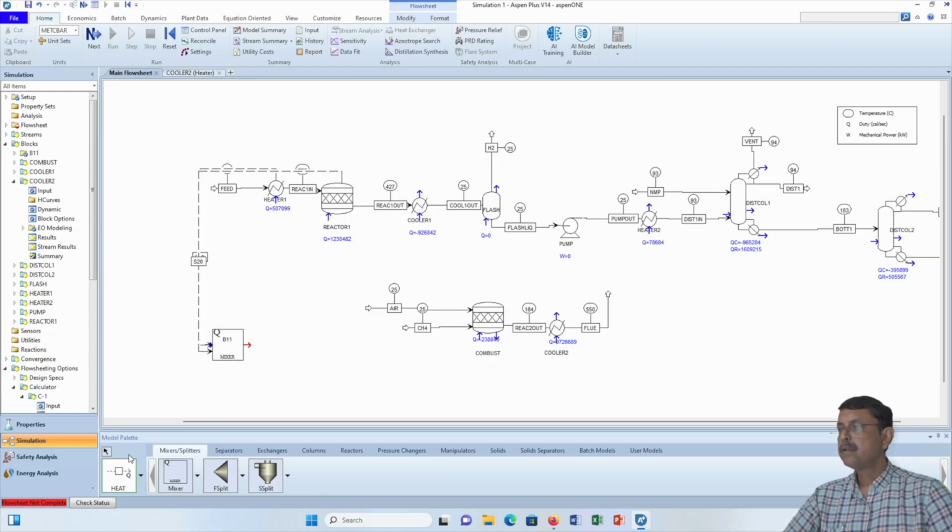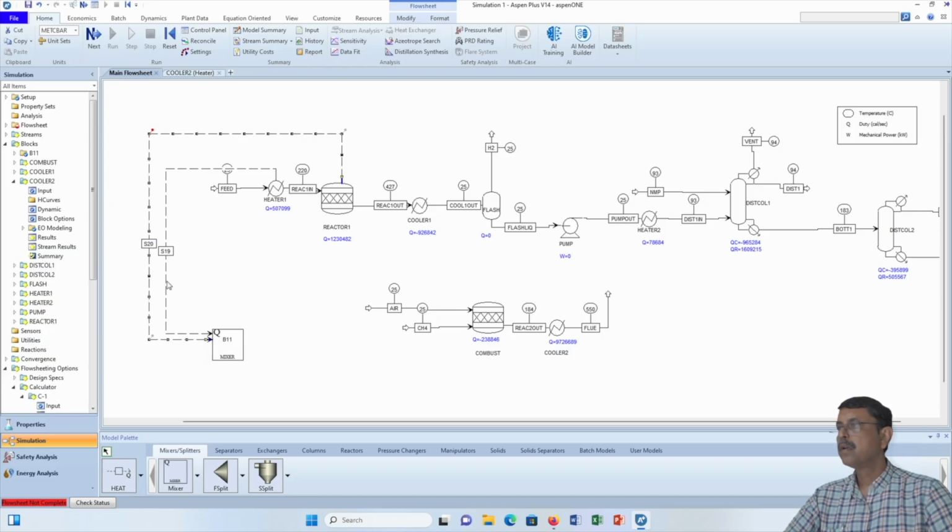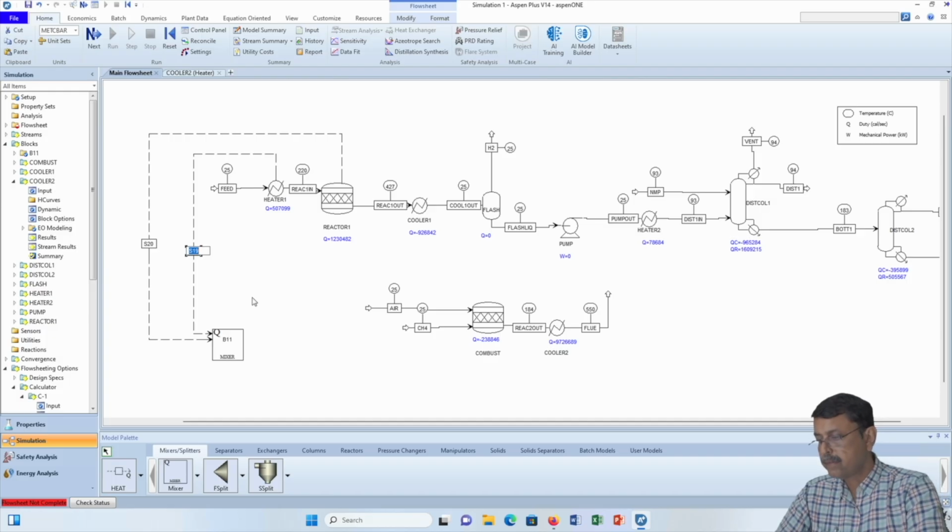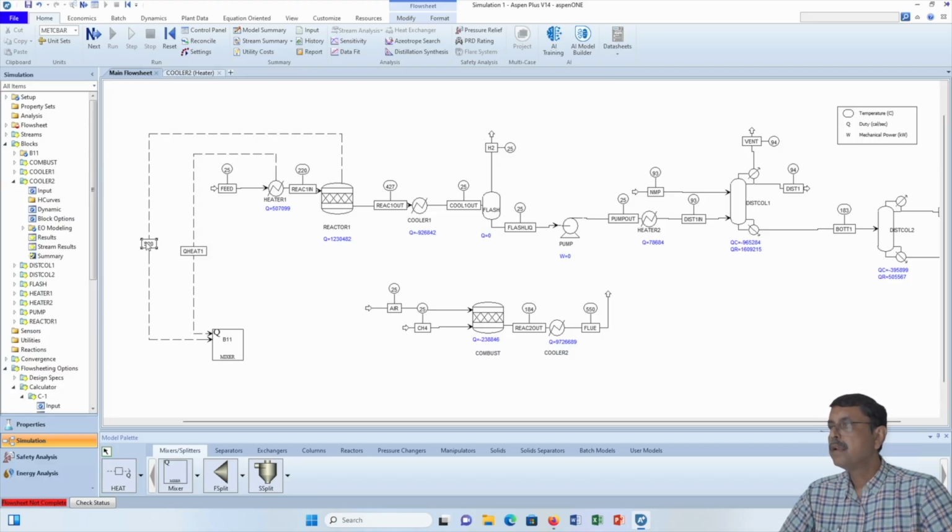Okay, so let us name it as Q heat 1. Let us name it as Q react 1.